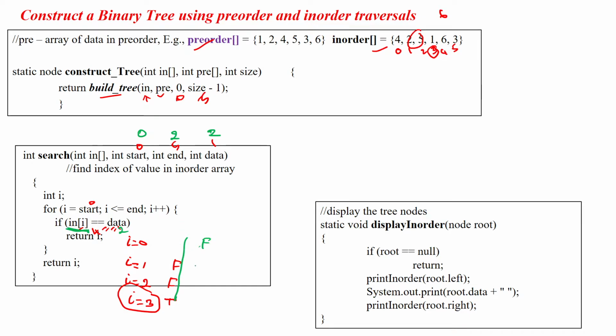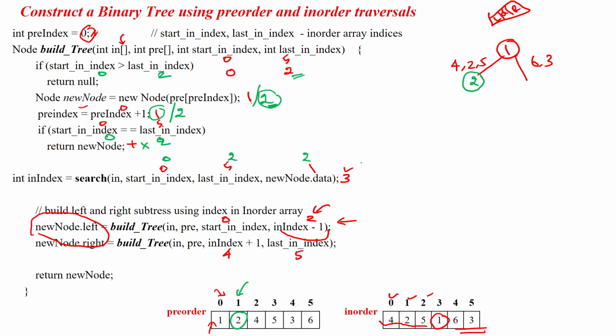Then i increments. In iteration number 1, inorder of 1 is 2. So 2 matches 2, so i is 1. The index value 1 is returned here for the second recursion.